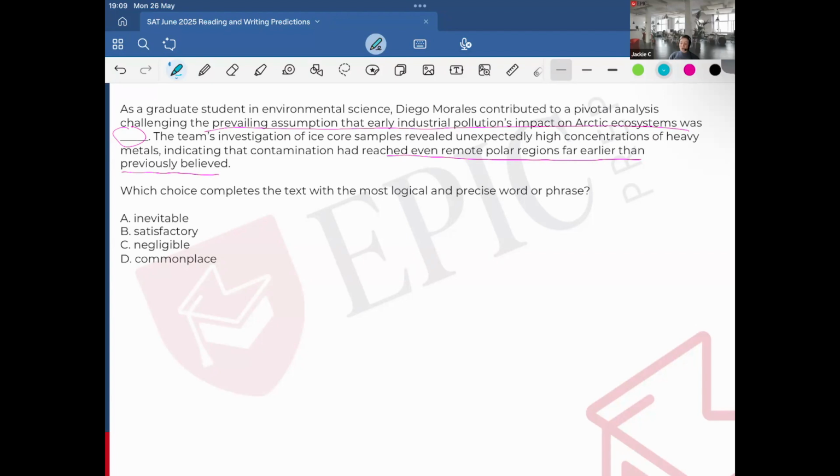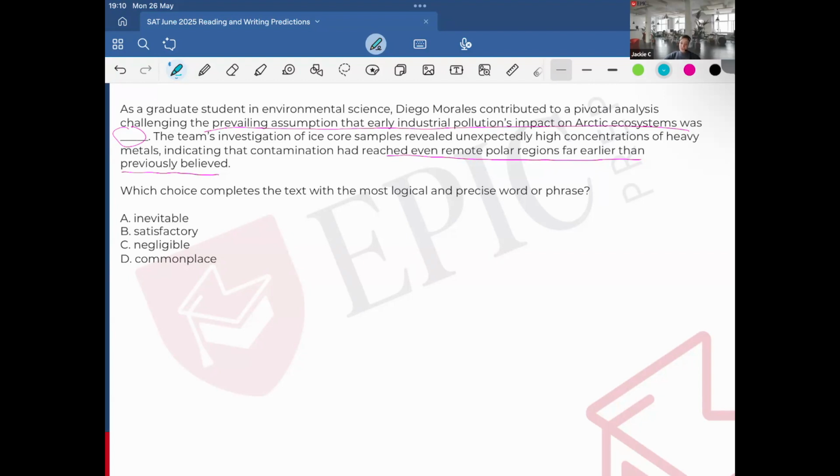But this research showed that that was wrong because it seems to have a pretty important impact. So I want something that would be the opposite of important. It seems like they didn't think it was very important, like it wasn't really affecting the Arctic ecosystem.